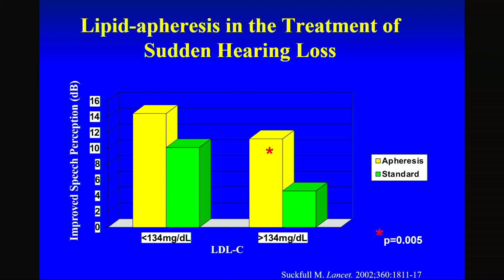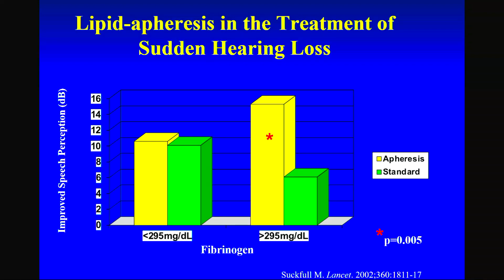And this study by Suckful, an ENT physician in Germany, looked at treating LDLs, looking at patients with high LDL and low LDL, and looked at the change in hearing. And they found a dramatic improvement. And then when they looked at the fibrinogen level, which is a major player for viscosity, they found the ones with the high fibrinogen actually did much, much better.